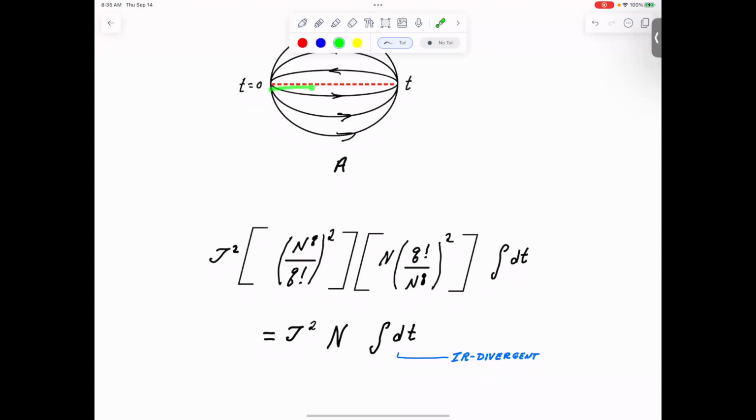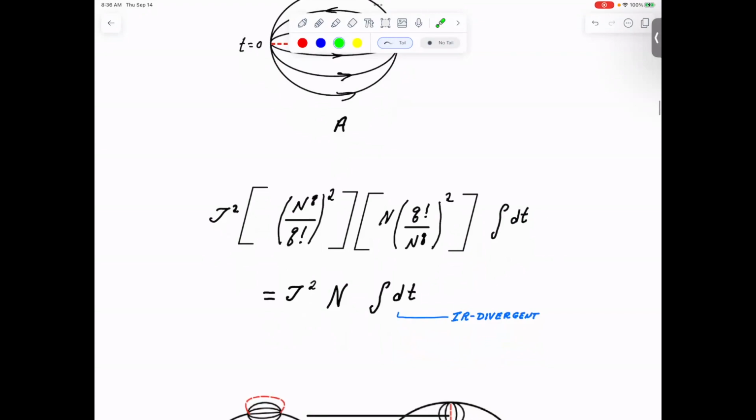And then there's the red line, the propagator from the red line. That's N Q factorial over N to the Q, squared. Incidentally, these are squared because of the fermions and the antifermions. In the real SYK theory, this wouldn't be squared. Okay, so that's what we have. And then we have an integral over the relative time between the two vertices. That integral is divergent because the propagators are time independent, except for this sign flip.